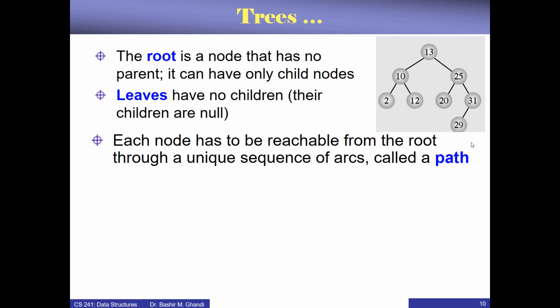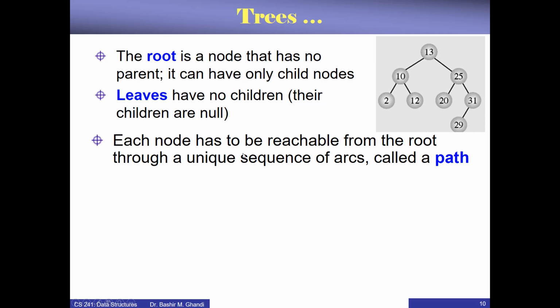Okay, next definition is a path. In a tree, each node must be reachable from the root through a unique sequence of links or arcs. For example, 29 can be reached from the root by following the path 13, 20, by following the links 13-25, 25-31 and 31-29.